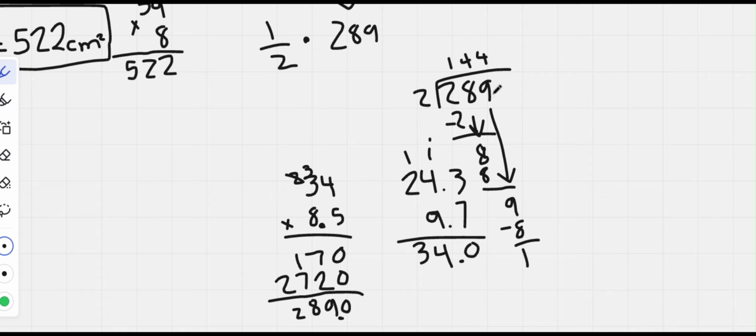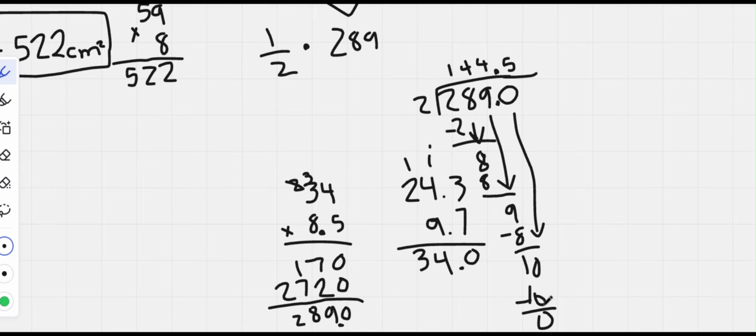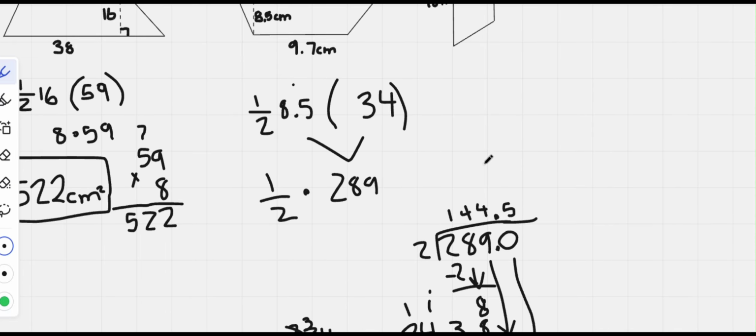One remaining. Since we have a remainder, we're going to put a decimal, and then add the digit 0. Bring that 0 down. 2 goes into 10 5 times. And our decimal is going to be aligned with the number under the division symbol. So the answer for this one is going to be 144 and 5/10.